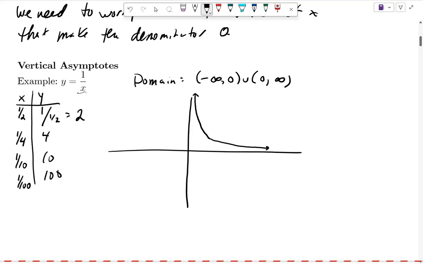So we get a piece that looks like that. What happens if I would have put negatives in there? If I would have had negative a half, what would you get out? -2. If we put a negative a quarter, we would have got -4, right? So basically, you just get a mirror image of that down here.